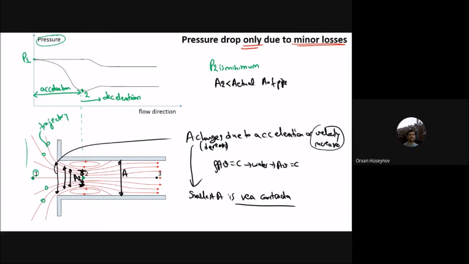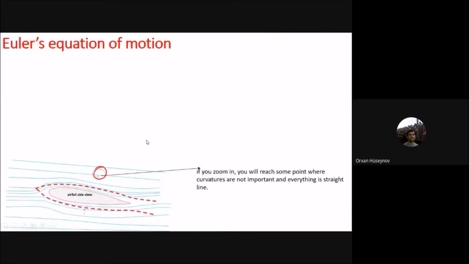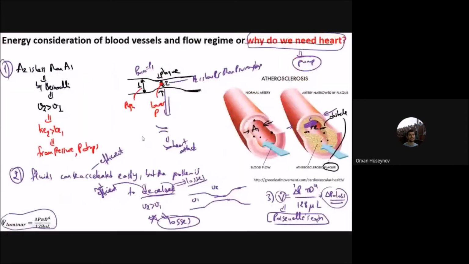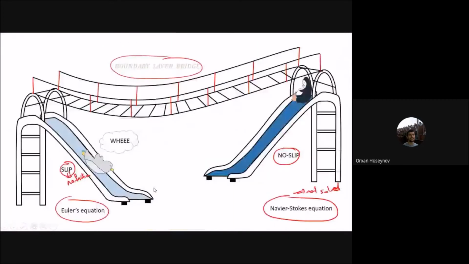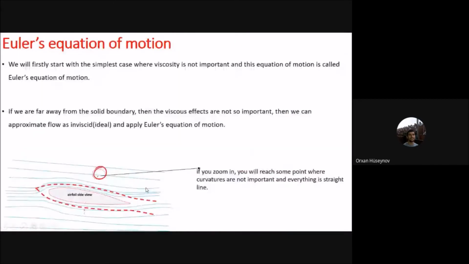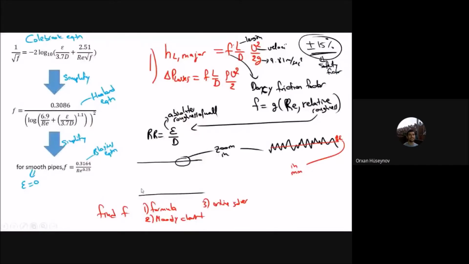The deceleration part is not as efficient as the acceleration part. If you remember the last lecture, I talked about this, so I will just show the slide. Fluids can be accelerated efficiently, but the deceleration is a problem, okay?